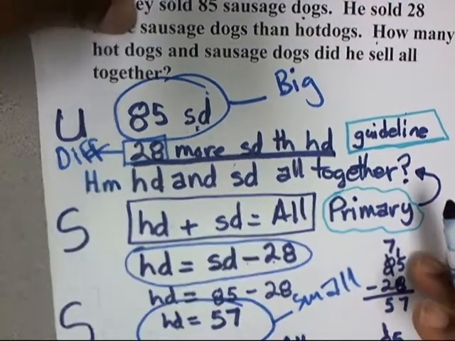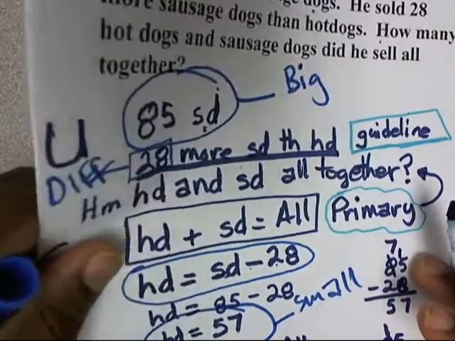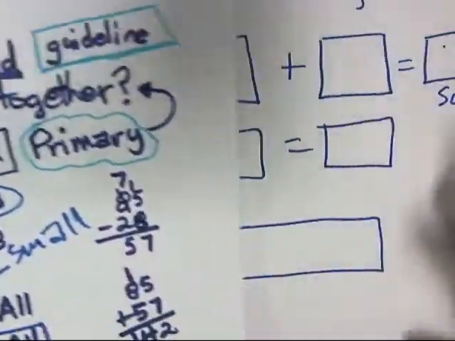Now using this, you should be able to figure it out. Just fill in your boxes.